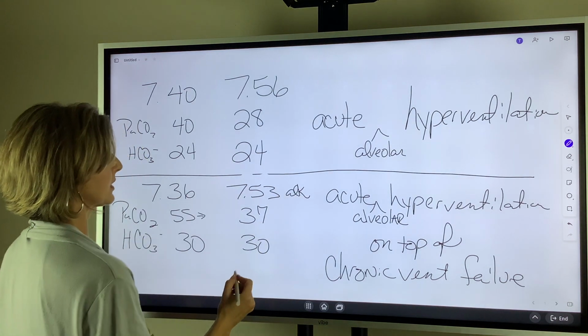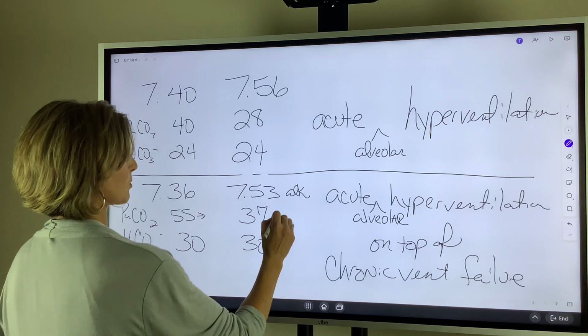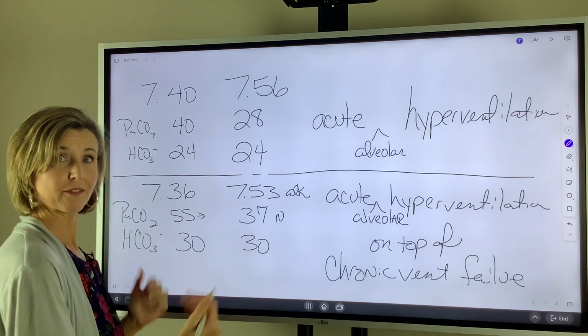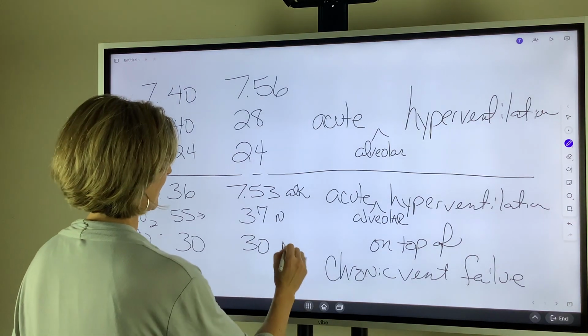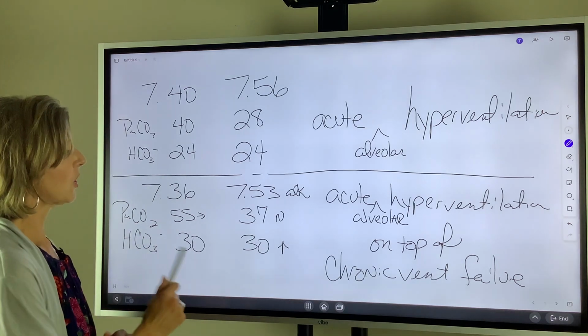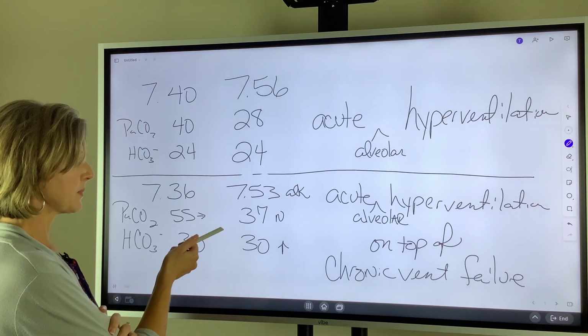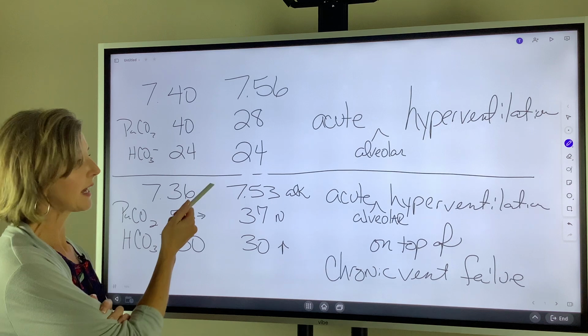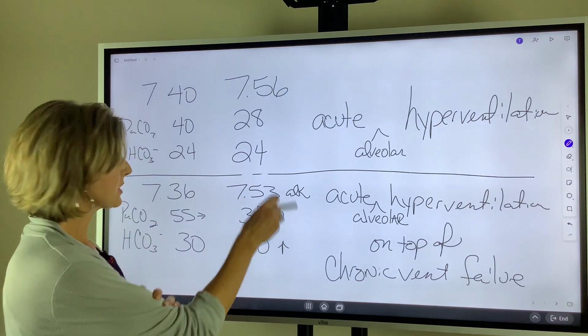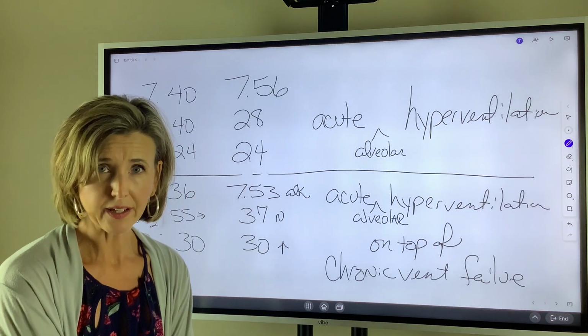I'm just going to step you through it. This is a normal CO2, 35 to 45, right? And a high bicarb. You would actually call this an uncompensated metabolic alkalosis. In formal interpretation, that's absolutely right.